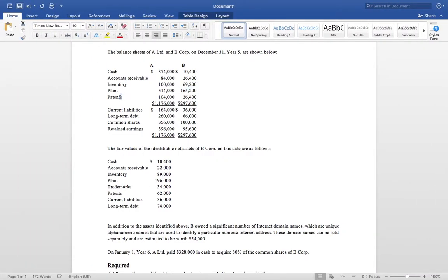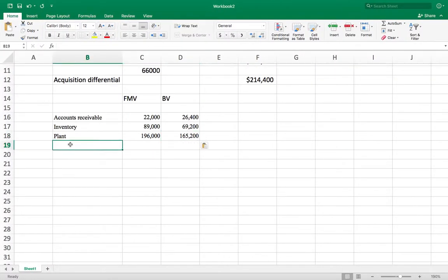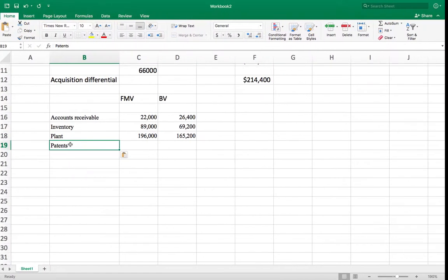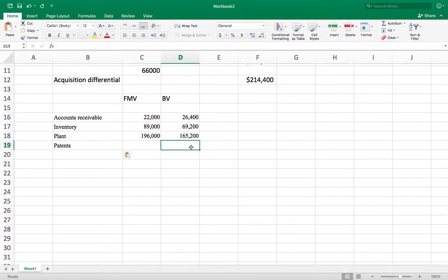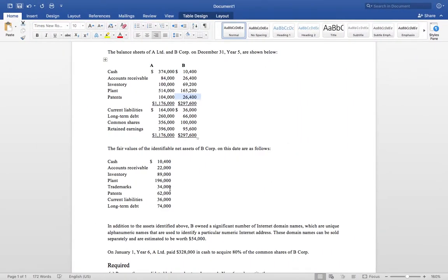Then we have patents. Their book value is 26,400, and their fair market value is 62,000.